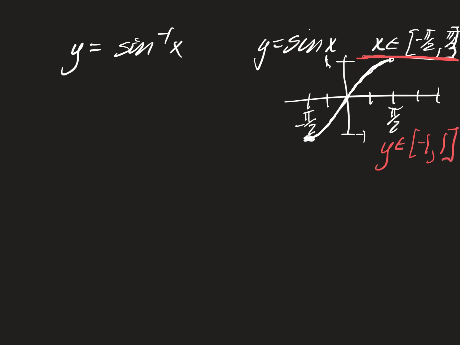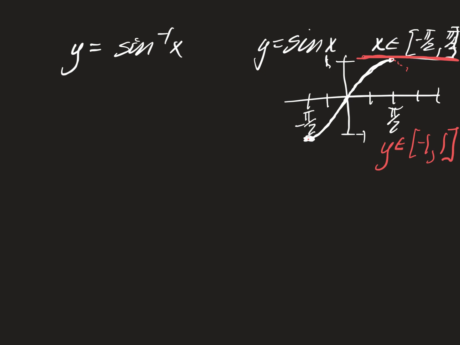All right, and these are closed intervals. So you'll go from negative 1 on the y to 1 on the y, and the x's go from negative pi over 2 to pi over 2. Anything after that becomes not a one-to-one function, because then a horizontal line will intersect it twice. If you just creep down just a little, you get a horizontal line hitting it twice. So we restrict that domain.